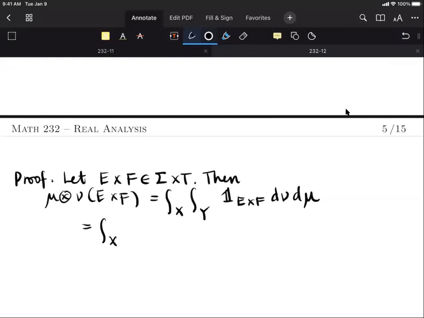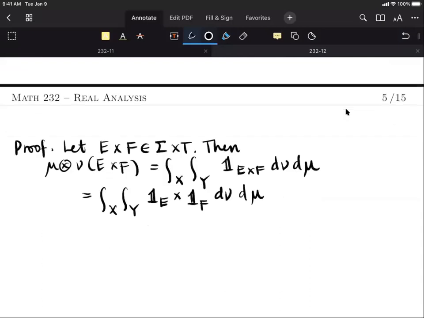So this characteristic function is 1 precisely when the x component is in E and the y component is in F. Here, this product of two functions evaluated at an ordered pair is the product of these characteristic functions evaluated at the corresponding components.